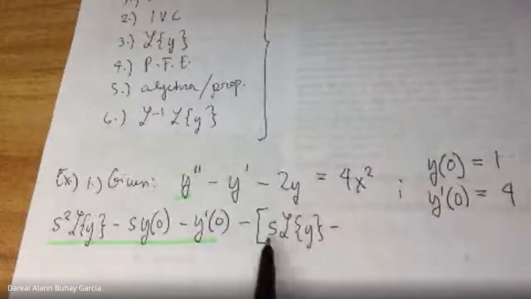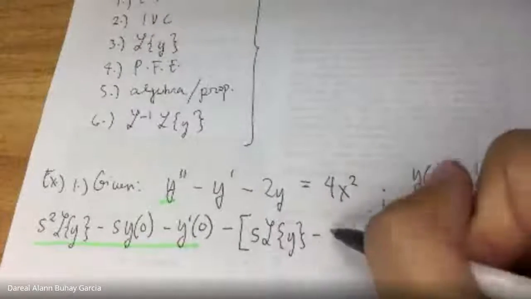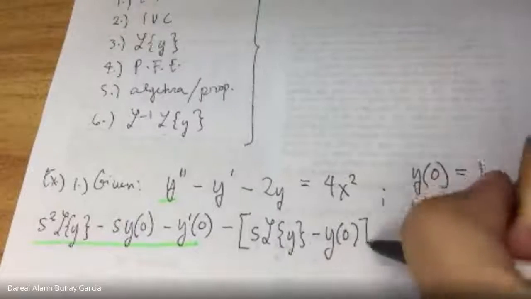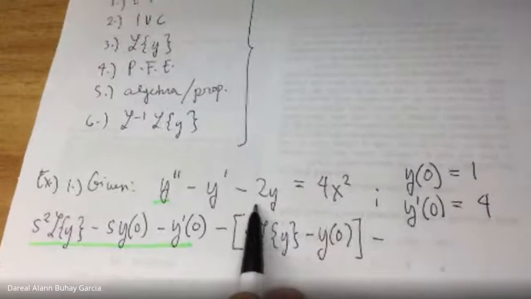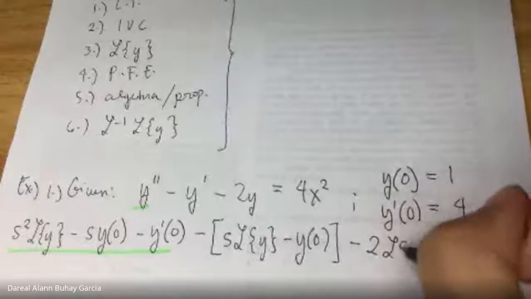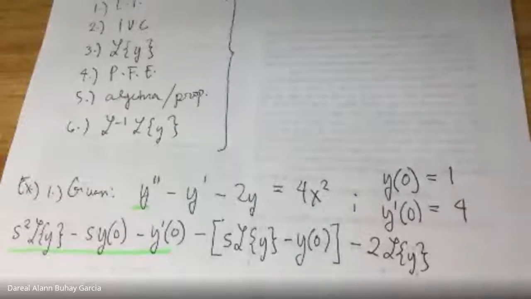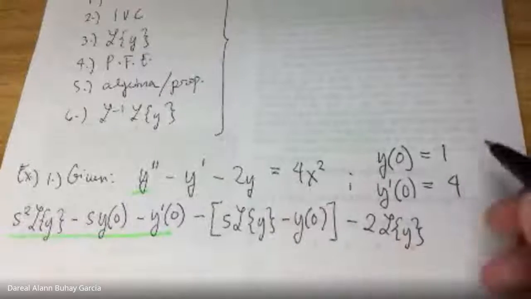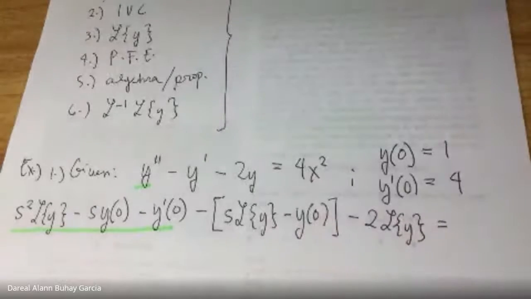So s times the Laplace transform of y minus y of 0. Minus the Laplace transform of 2y is just 2 times the Laplace of y. So far, so good. Equal to, what's the Laplace transform of 4x squared?